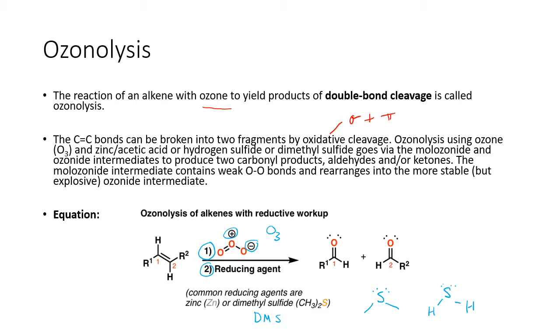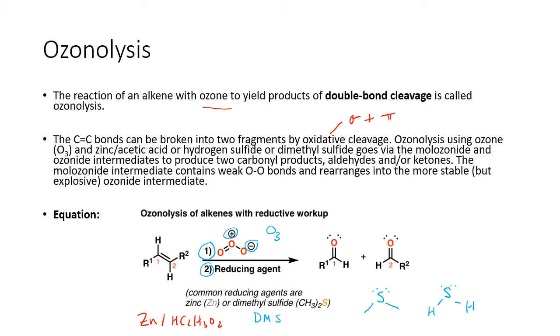And you could also see zinc in acetic acid. Zinc is a metal that can act as a reducing agent and get oxidized, and it would take place in acidic solution. So if you see zinc with HC2H3O2, that's acetic acid, and that is just a reducing agent being used in the second step.